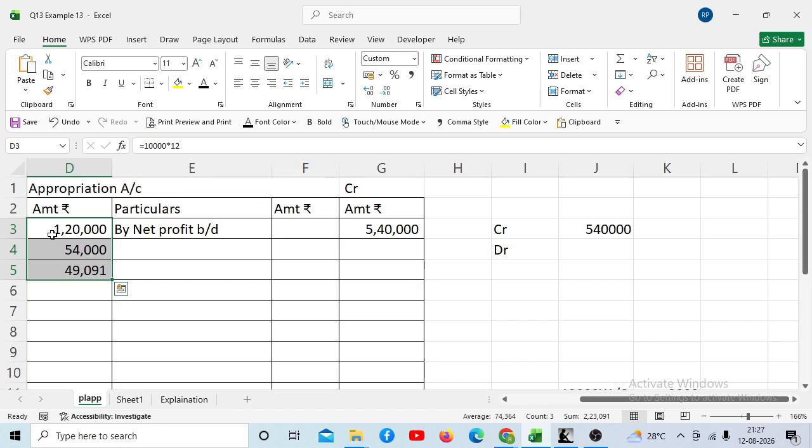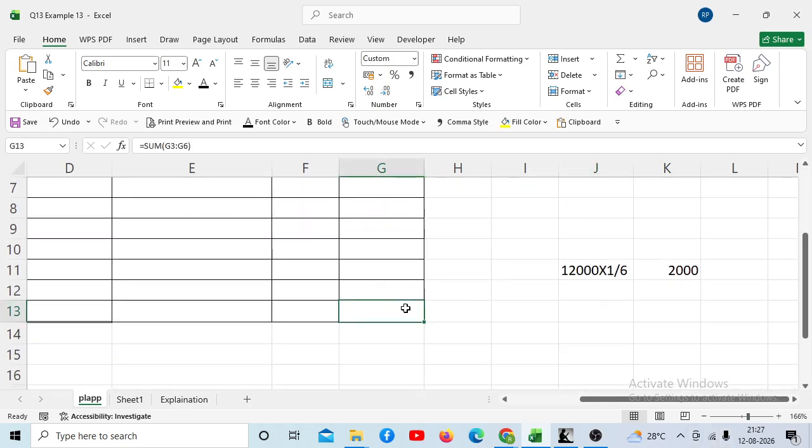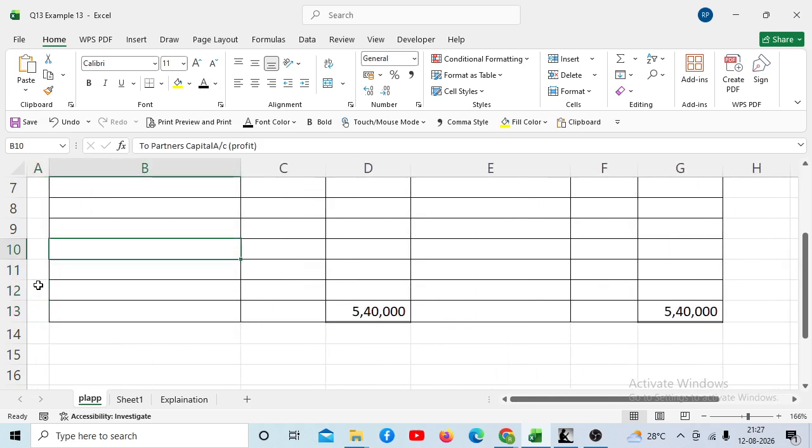What is the total of the debit side? 2,23,091. So which is heavier? Credit side is heavier. So write the heavier total on both sides. Whatever difference comes will be the profit which will be transferred to the capital account.